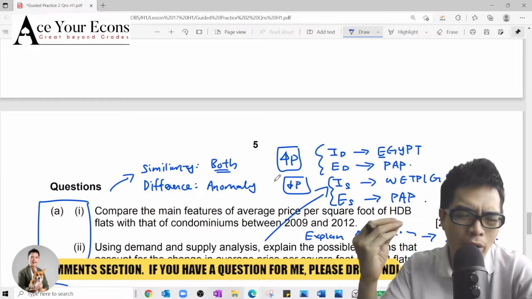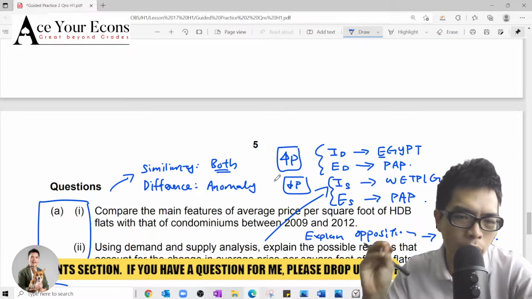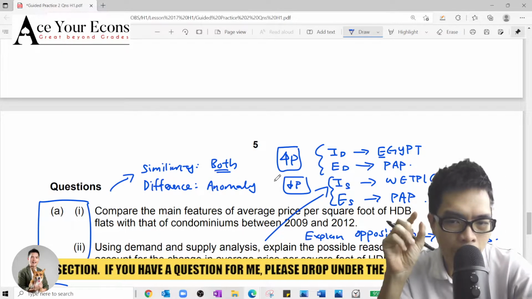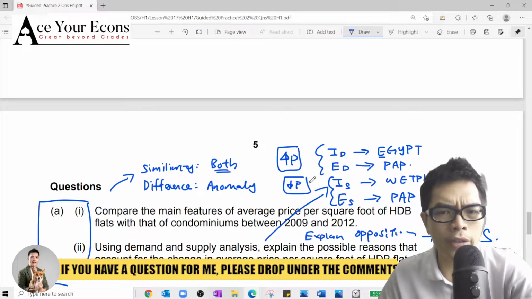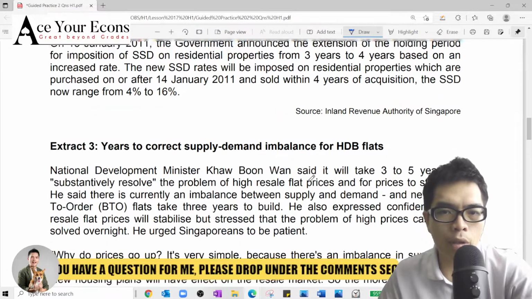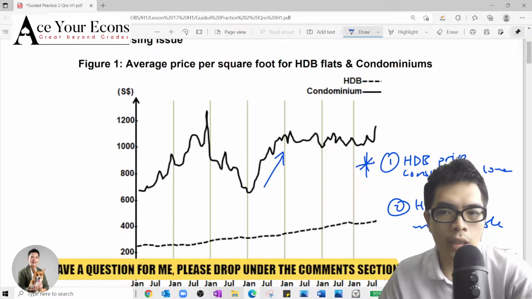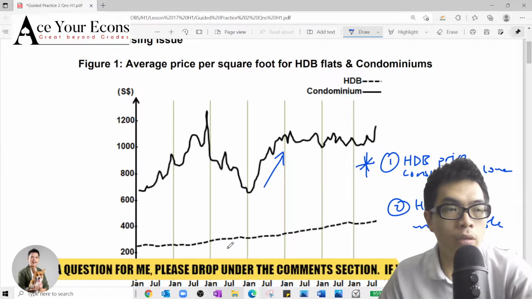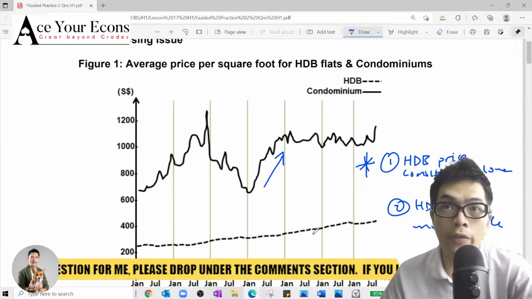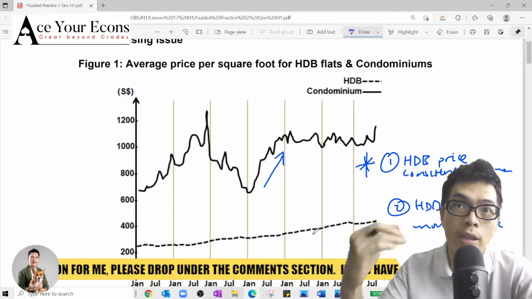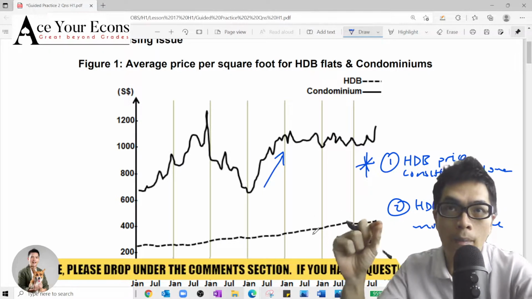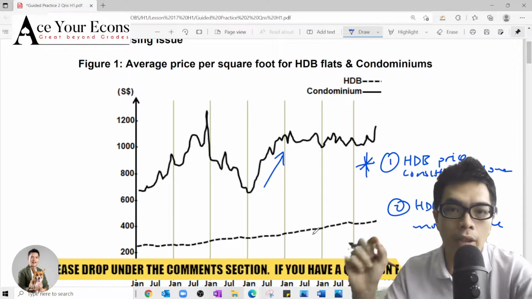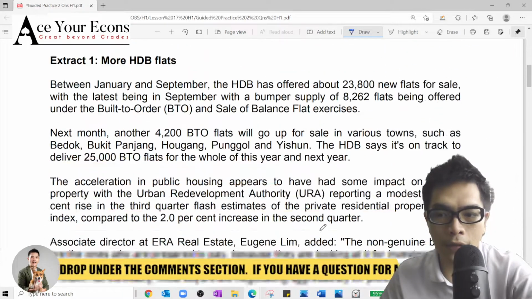That's why in A part 1 you got to be a bit more sensitive, and in A part 2 you need to identify that the focus group here is HDB. If you use another increase in price here, then it will not justify that HDB price is consistently lower. You have to find another factor that lowers the price, such that HDB price is still increasing but consistently lower. So the other factor that you want to identify is a supply factor here.